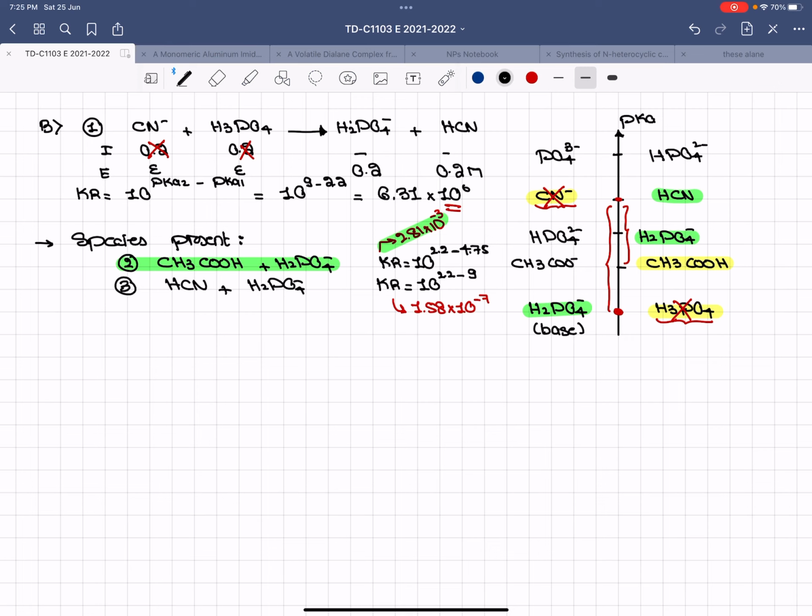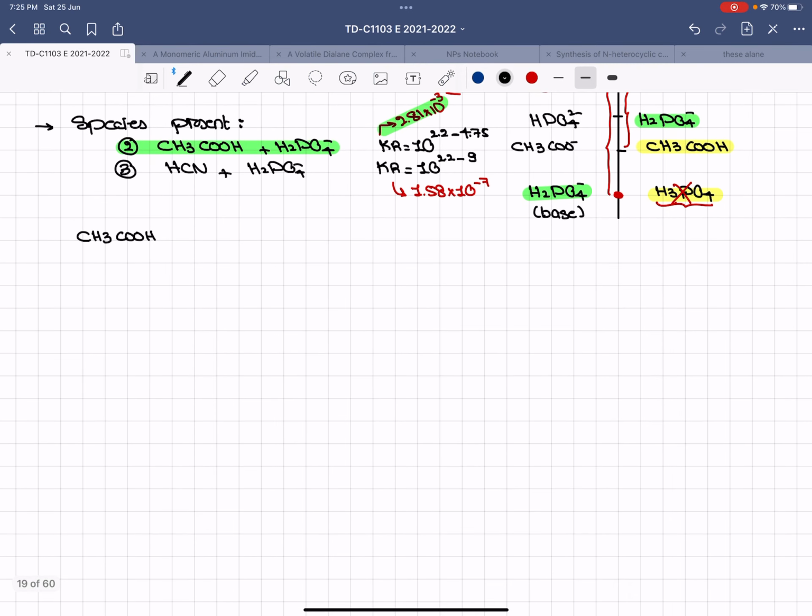How do you study it? Very simple. We write the reaction: CH3COOH with H2PO4 minus, double-sided arrow, to give me CH3COO minus plus H3PO4. You start: CH3COOH is basically 0.05, H2PO4 minus is basically 0.2, and nothing for the products.